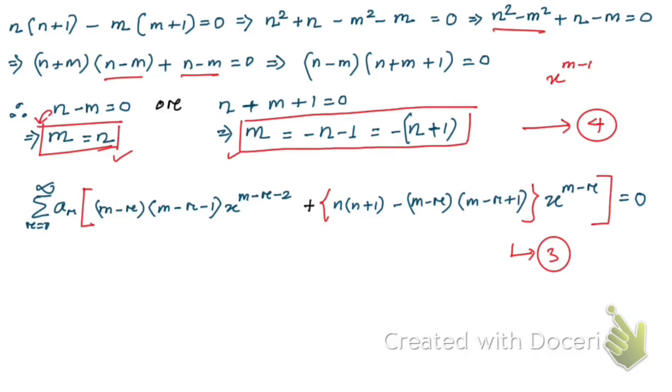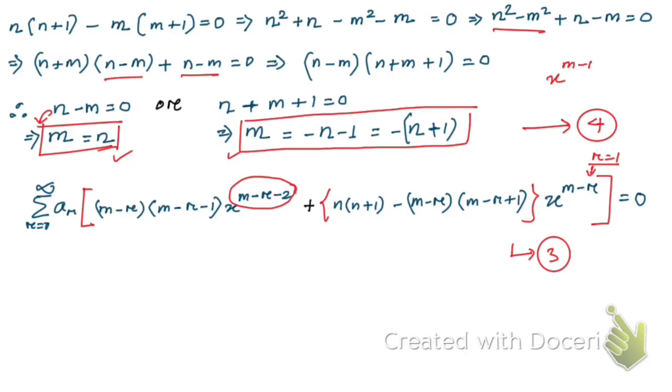Here you see, in order to get x to the power m minus 1, we're going to put r is equal to 1. So we're going to have x to the power m minus 1, right? Now you see, this power is smaller than this one.